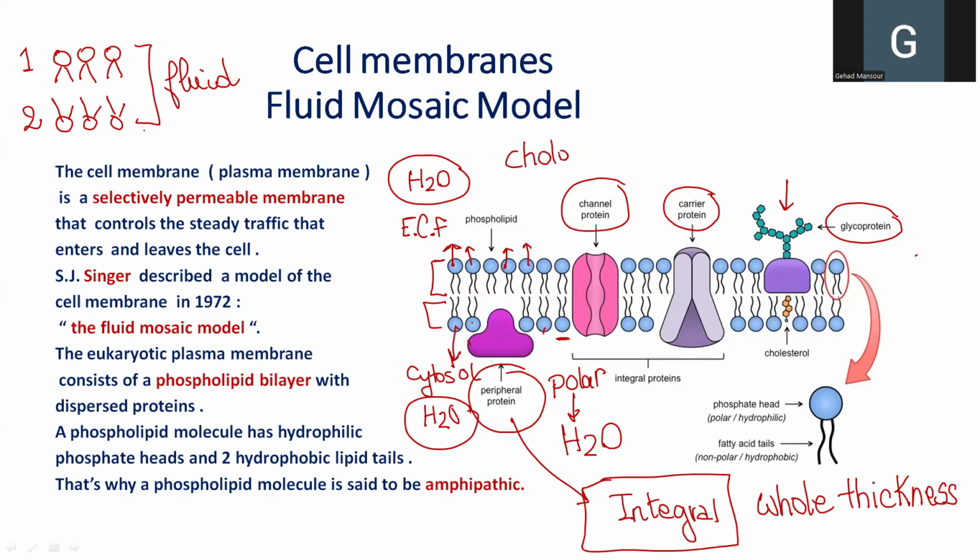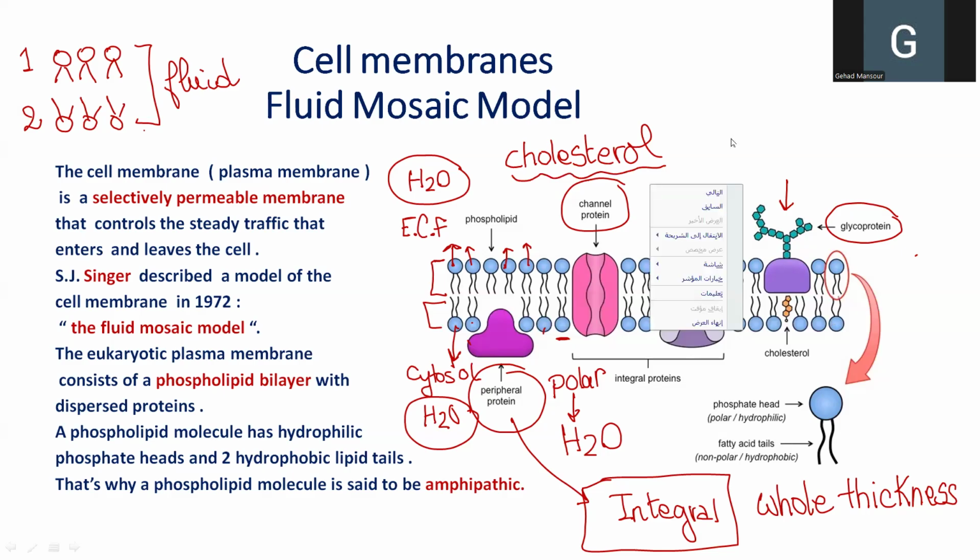cholesterol, as we said before, these molecules diminish the fluidity of the cell membrane, and meanwhile, especially the protein ones, control the passage of substances across the cell membrane. So this model is considered mosaic, meaning that you have a mixture of different types of molecules.